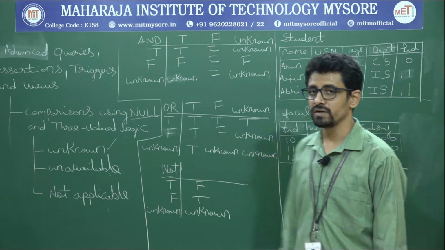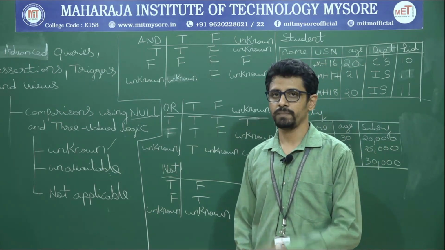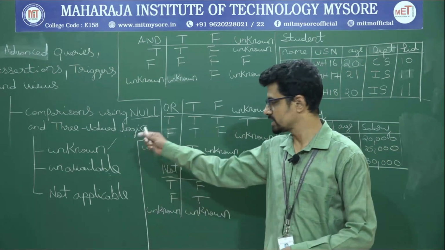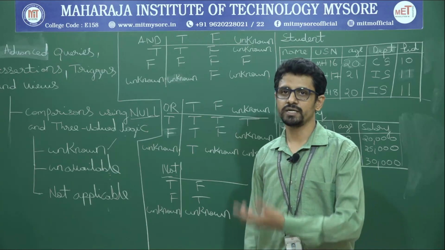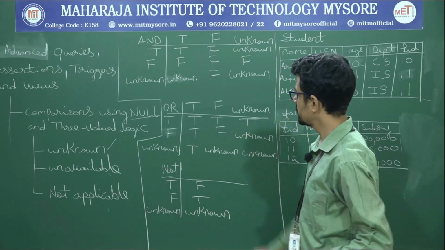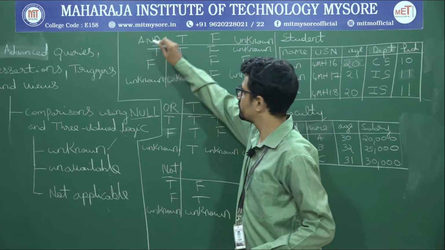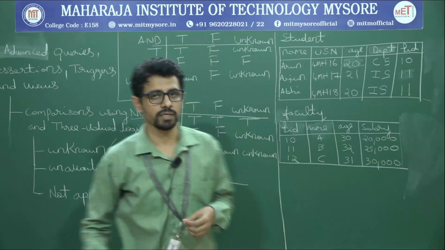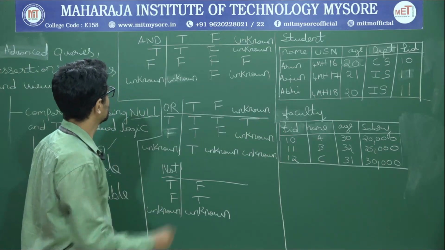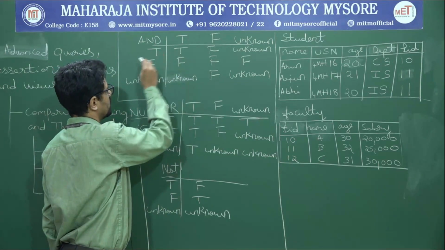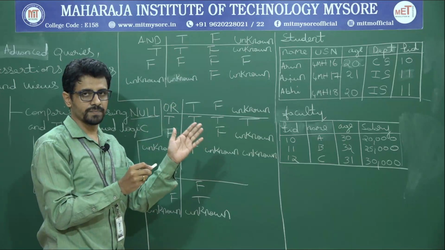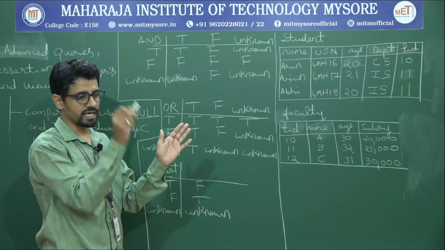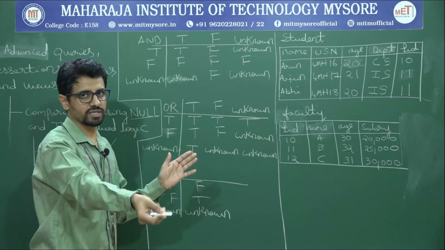Now if we write a truth table using this third value, that is, null value logic, it looks quite different from the previous one. So if I write the truth table for and, or as well as not, how might it look? In case of and, you have the condition on the left hand side, then the and operator, and the condition on the right hand side.